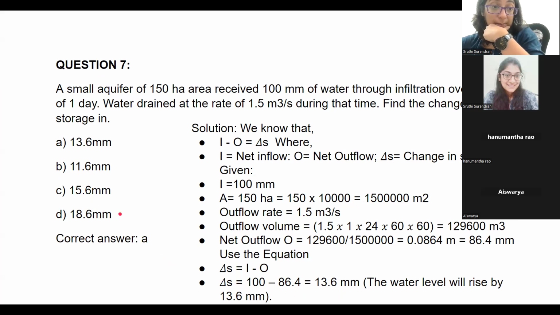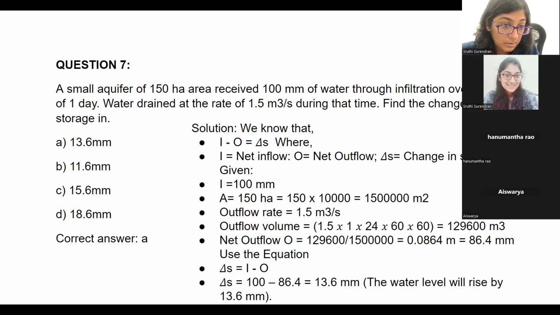Oh, okay, they've asked in mm. Okay, makes sense. I was trying to find the answer in meter cube. When I provide the calculation, I'll provide you with the proper calculation.